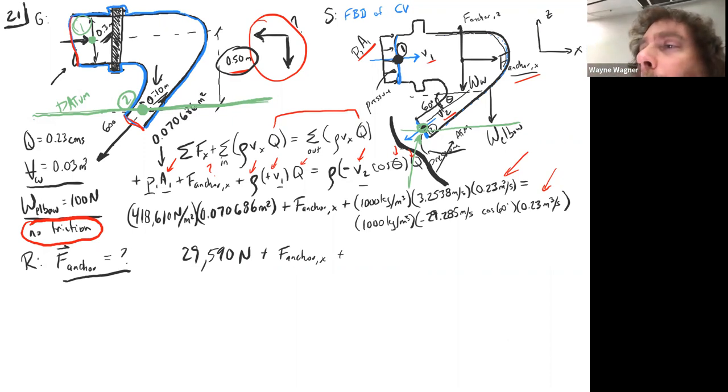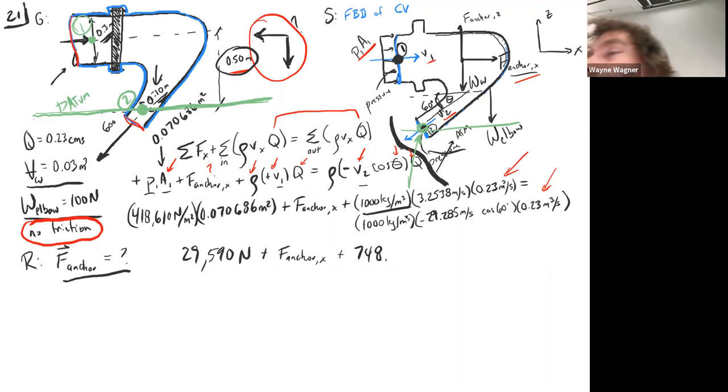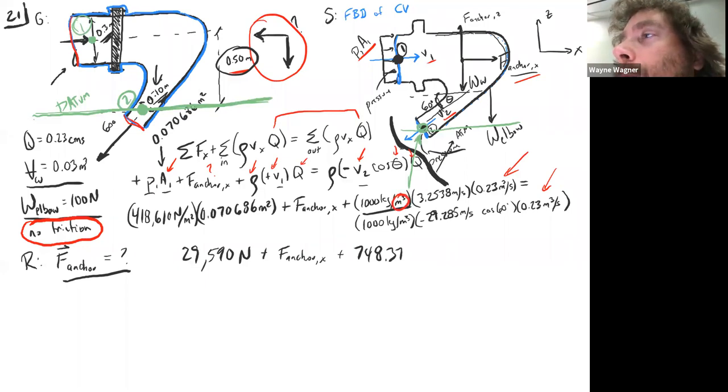The most common error is people putting gamma right there, times 0.23. So 748.37. Again, notice the units. This is another way that you'll know if you're screwing it up. Those cancel, and we're left with kilograms meters per second squared. So that's a newton.